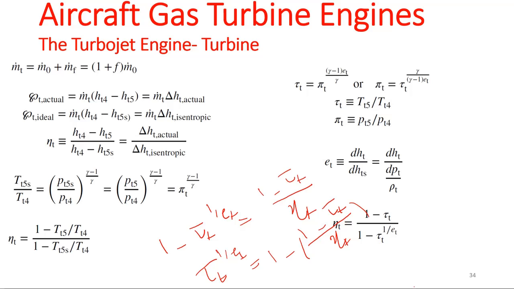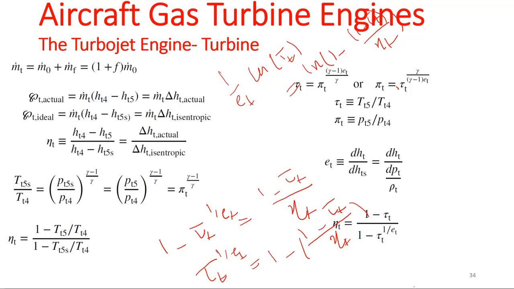Okay, what will happen if we take the natural log from both sides? I'm going to write up here. You will have 1 over e of T natural log of tau of T equal to natural log of 1 minus tau of T over eta of T, right? Is this correct?